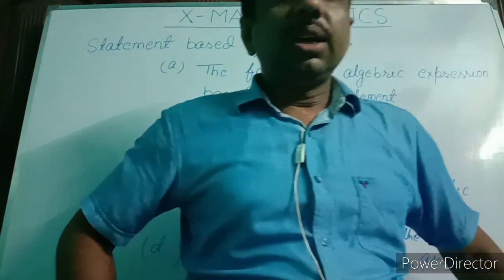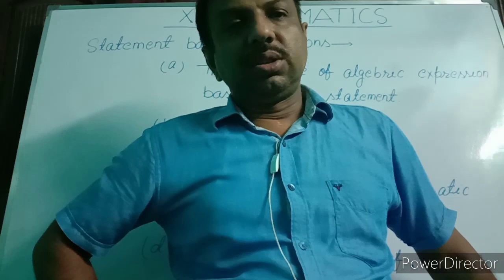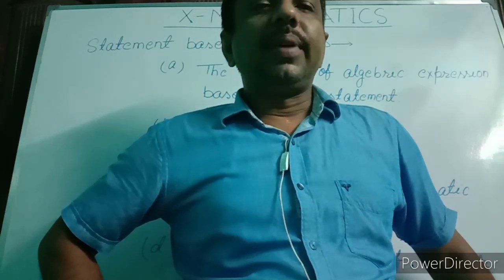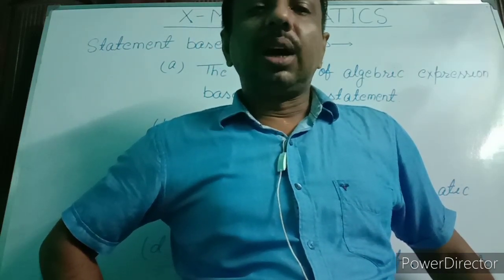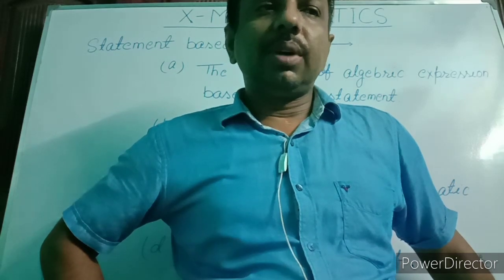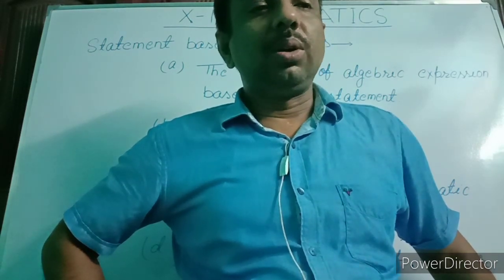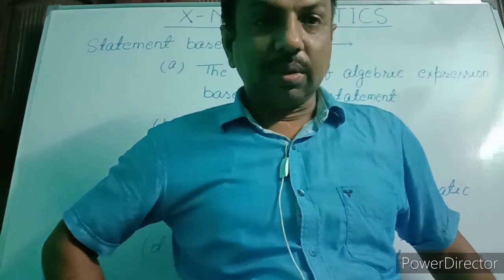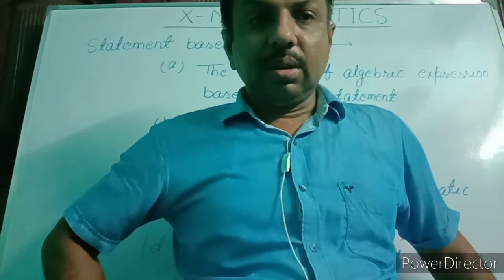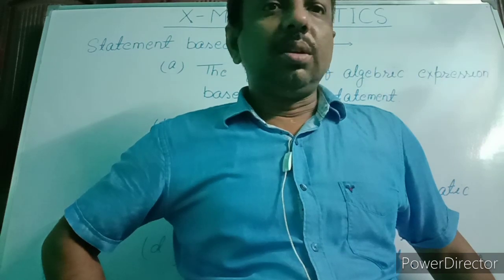What is asked in the question? To write the correct form of the answer. Sometimes the value of x only will be the answer, but sometimes the value of x is not the answer. From there we have to follow the correct form of the answer. Suppose we are asked to find the value of x plus 4.